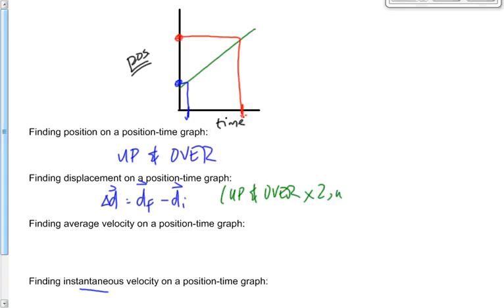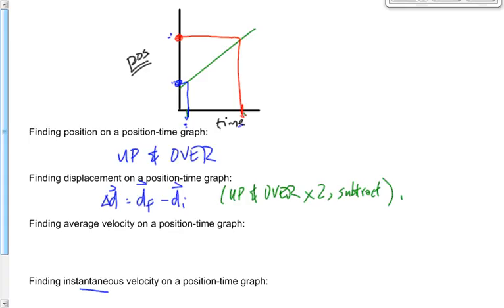Subtract the 2 values of the 2 positions that you got. So if I wanted to find the position here, up and over, here, up and over. If I want to find the displacement between this moment and this moment, I find this position, and then I simply subtract them. That's displacement. Easy enough, right? It's not that hard. It's just a matter of remembering what to do. That's all. That's the challenge, is just remembering it.